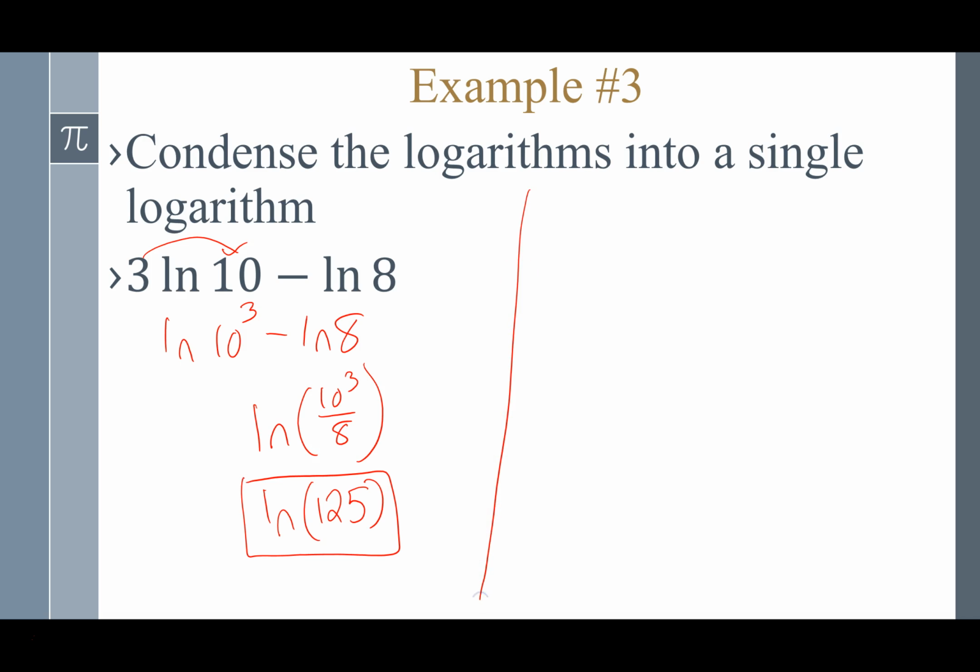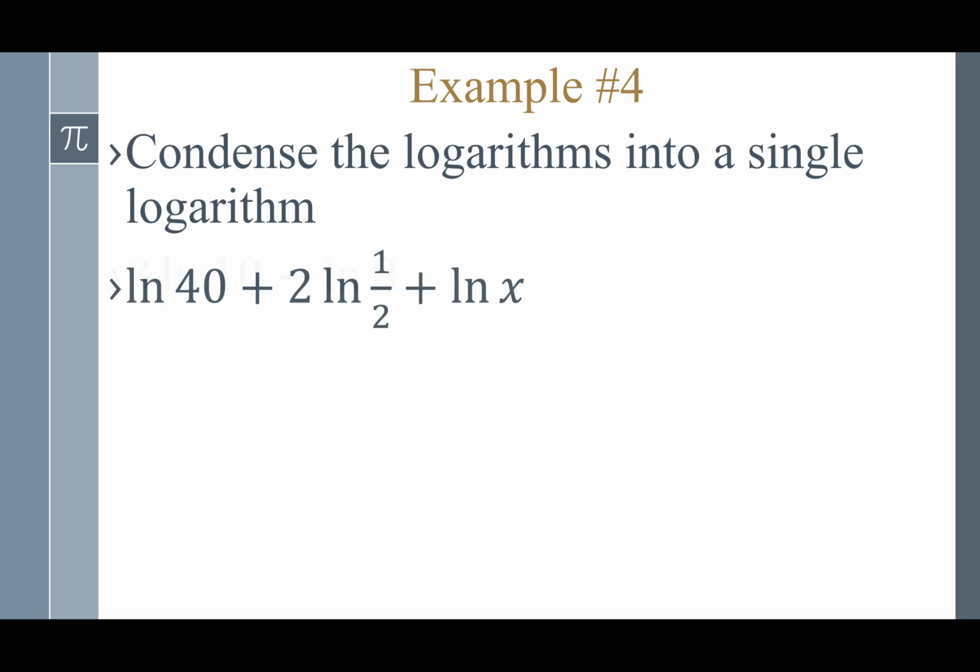Again, if they were all variables, this would still be true. If it was like 3 ln x minus ln y, the 3 still goes to the exponent. Because we're subtracting common base logarithms, we still divide x cubed over y. Whether it's numbers or just variables, we still apply the same rules. So if we have ln 40 plus 2 ln 1/2 plus ln x, again, the number in front becomes the exponent.